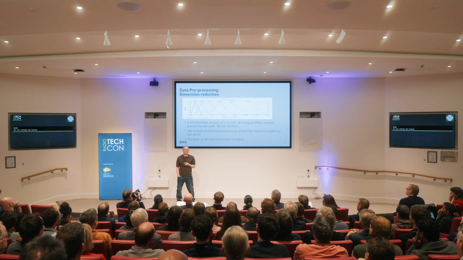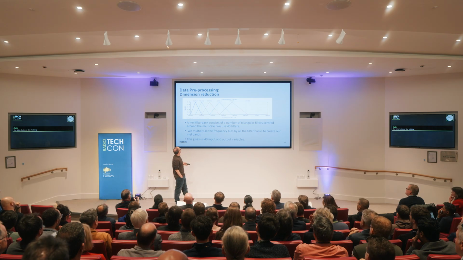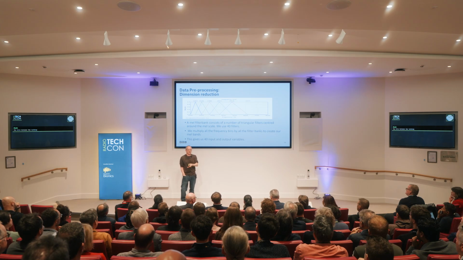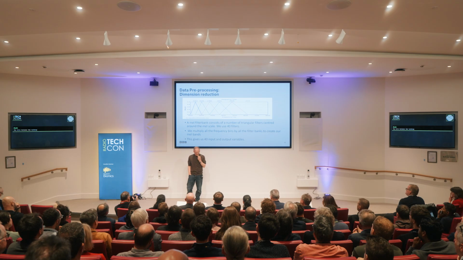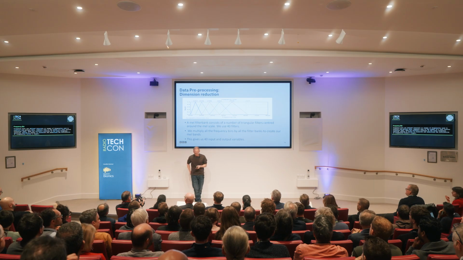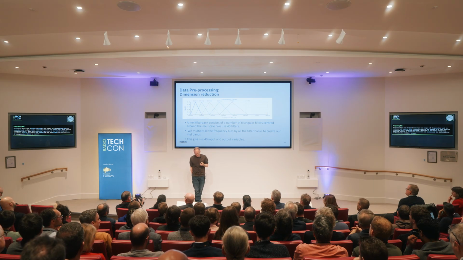And from that, we can reduce our dimensions from 1,024 to 40. So now we've got 40 inputs and 40 outputs, which is much easier to handle. And that's what we're going to pass to our model to start trying to train it.